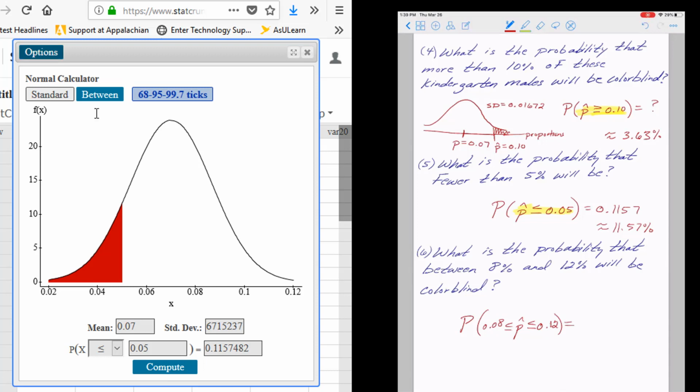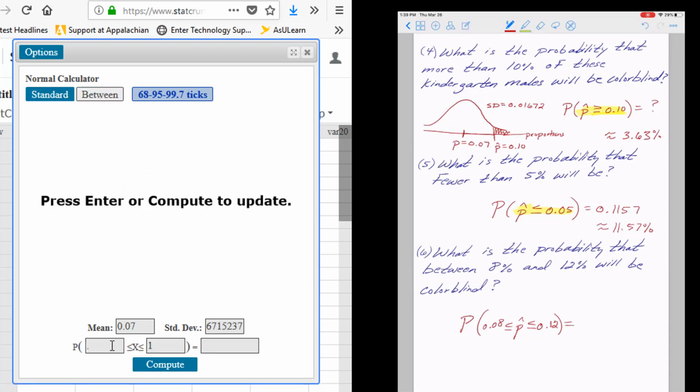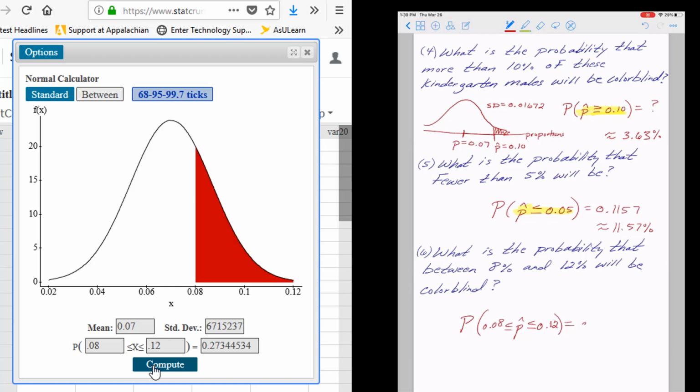Let's use between on the normal calculator. Okay. We'll say it's about that, so it's approximately 27.34 percent. It's not of it because it's 27%. And then a little bit over that.